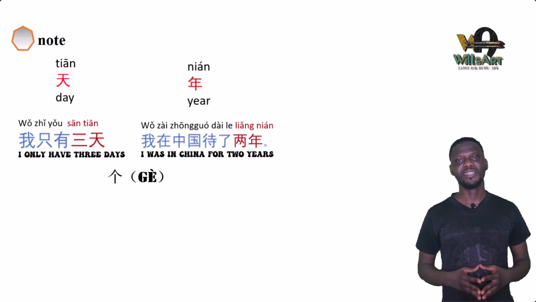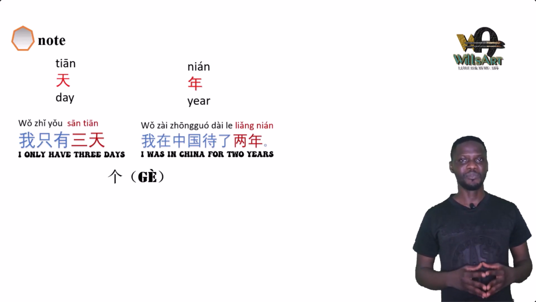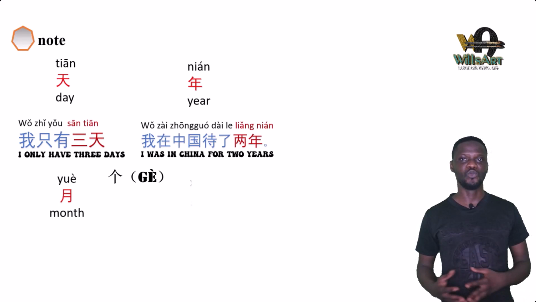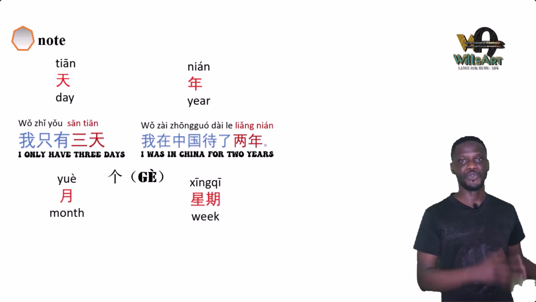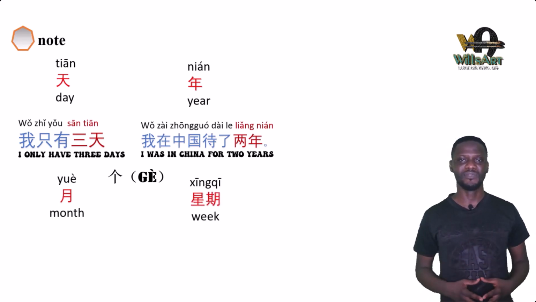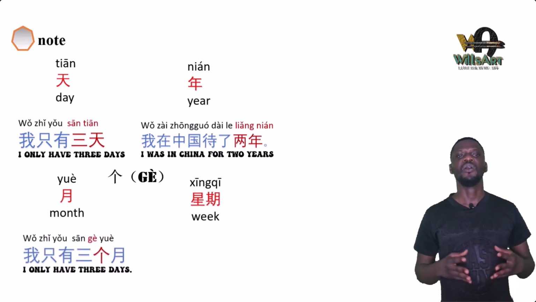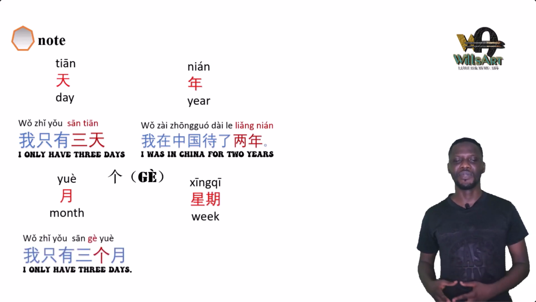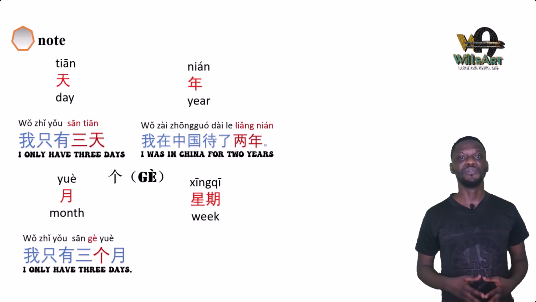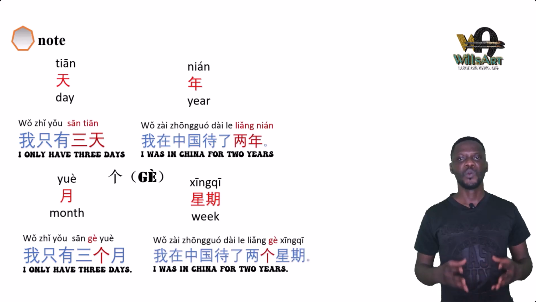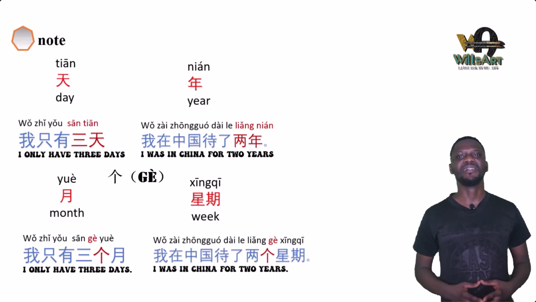However, 个 is being used as a measure word for month and week, which is 月 and 星期 respectively. So using that same example, we can say something like 我只有3个月, which means I only have 3 months. Or you can say 我在中国待了2个星期, which means I was in China for 2 weeks.